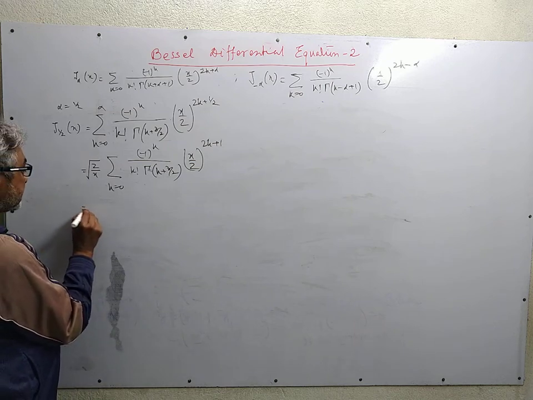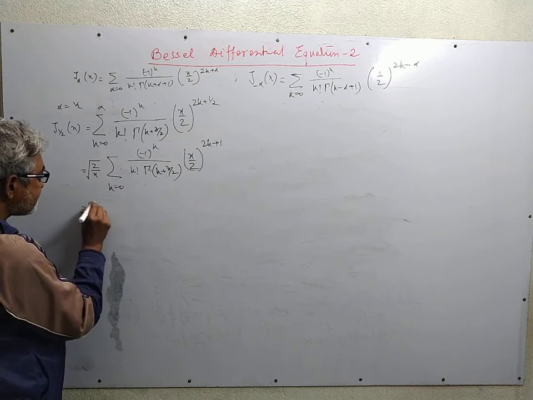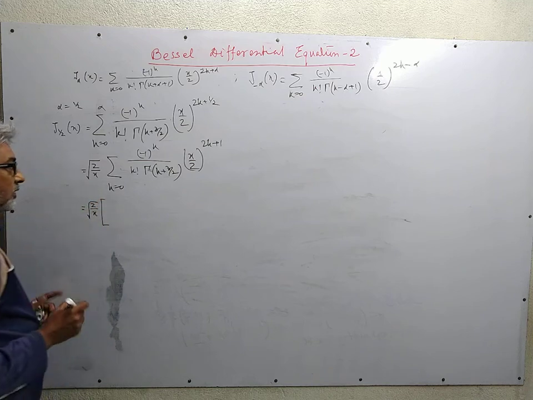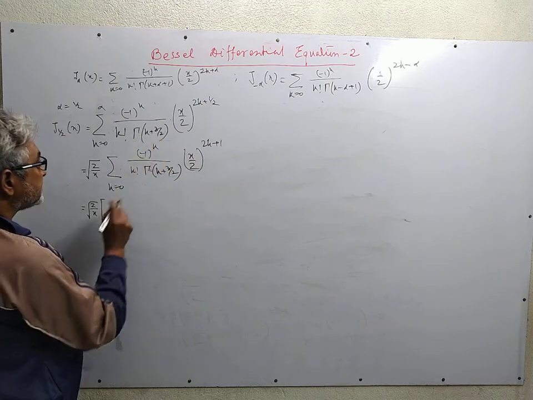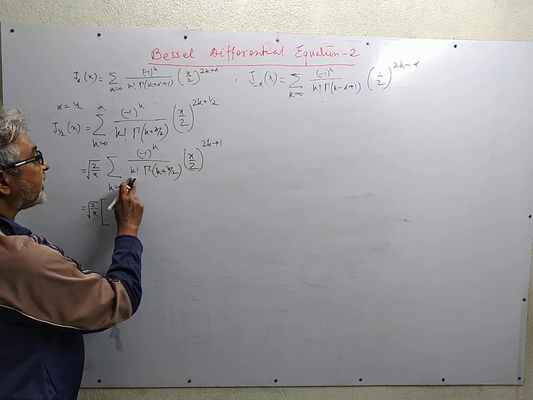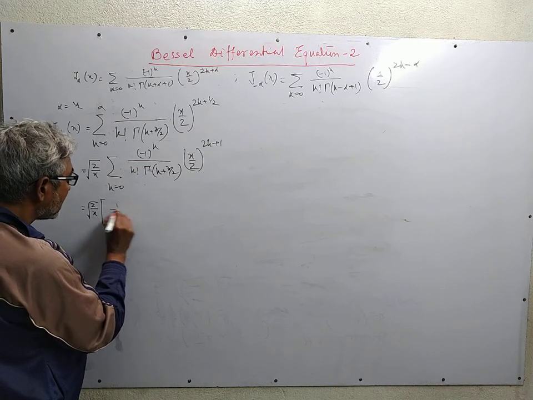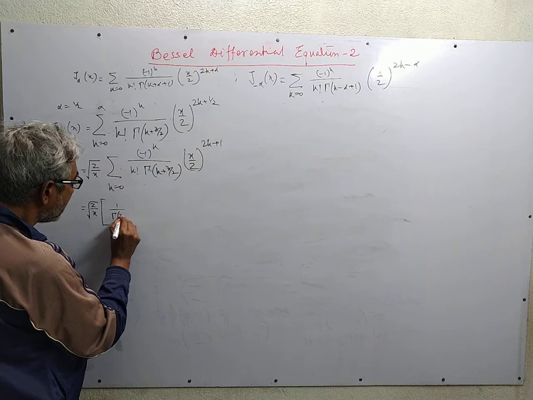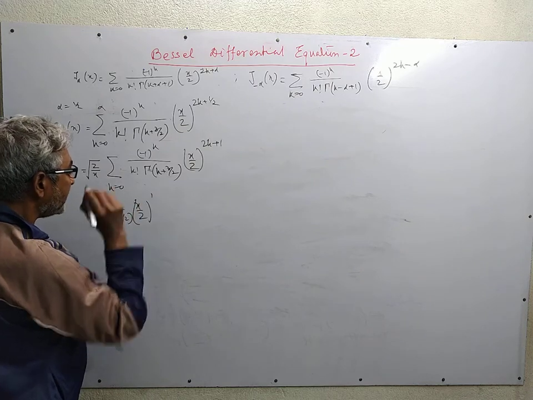Now this is 2 by x, then for k is equal to 0, this is plus, this is 0 factorial, and this is gamma 3 by 2, x by 2 to the power 1.